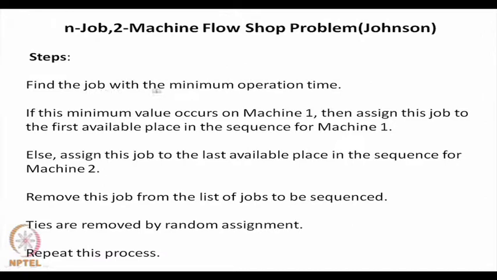Find the job with the minimum operation time. If this minimum value occurs on machine 1, then assign this job to the first available place in the sequence for machine 1. Else assign this job to the last available place in the sequence for machine 2. Once assigned, remove this job from the list of jobs to be sequenced. Ties are broken by random assignment, and repeat this process.